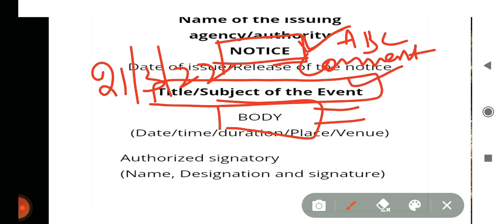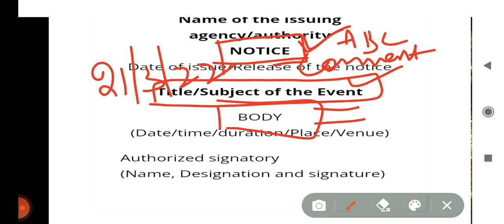Then the departure time is 6:30 for all the students. Or if you want to mention the prizes also, the winner team will get a cash prize, or they are going to get an award, any specific thing that you want to mention, you can mention that. But remember, it should be direct and formal.